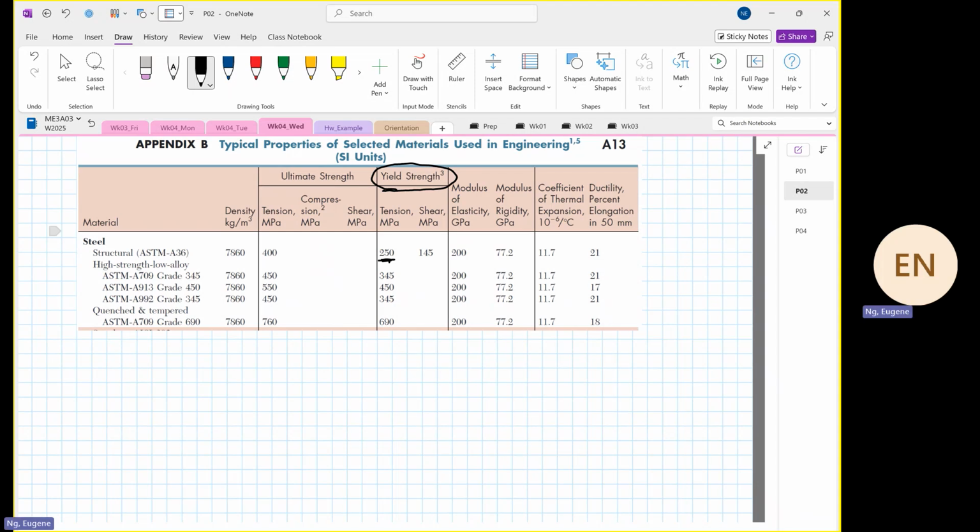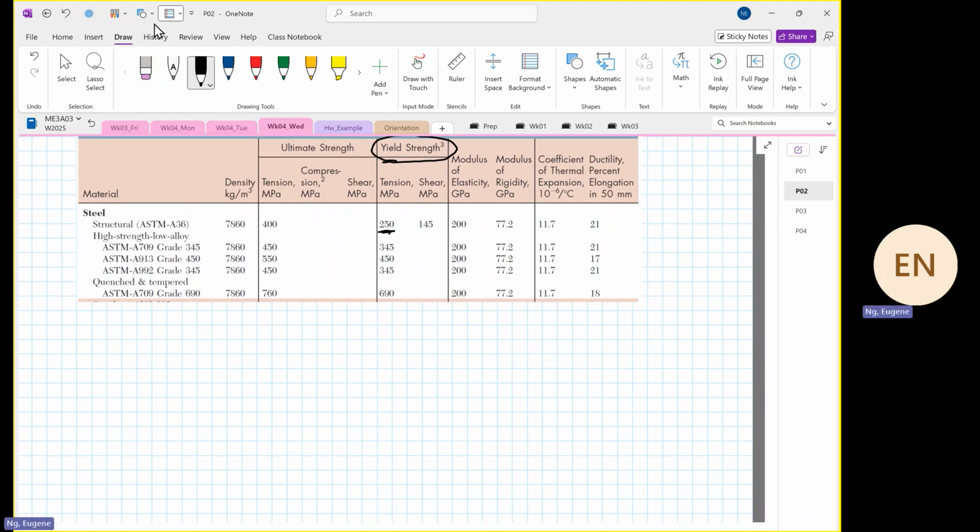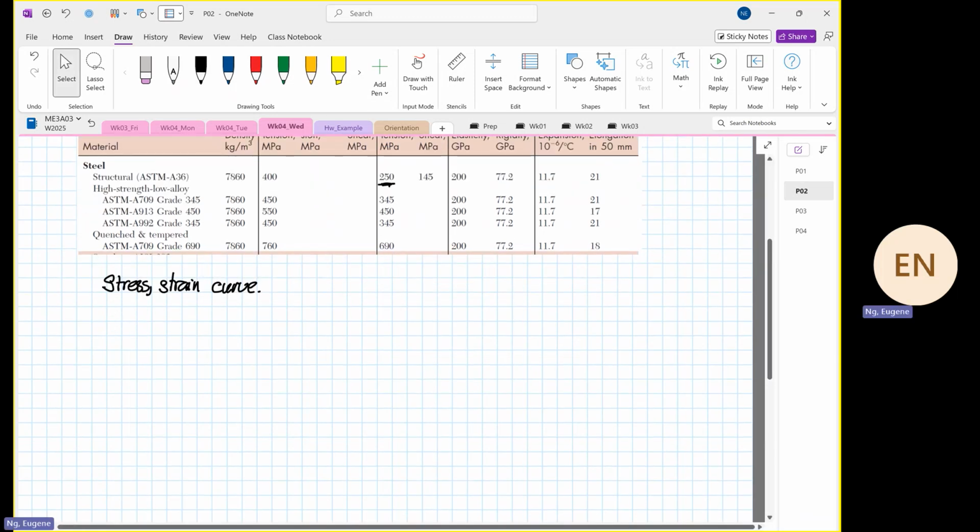Before we get into here, we know that there's a construction, what we call a stress-strain curve. You should have heard about this in 303, yes or no?